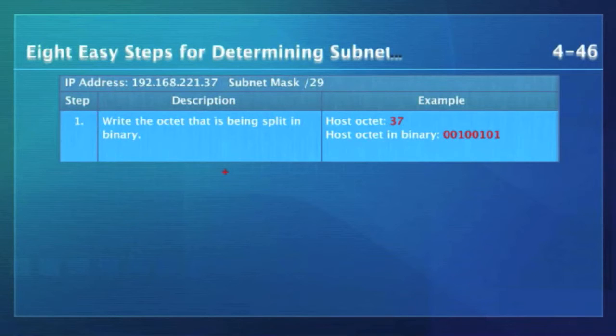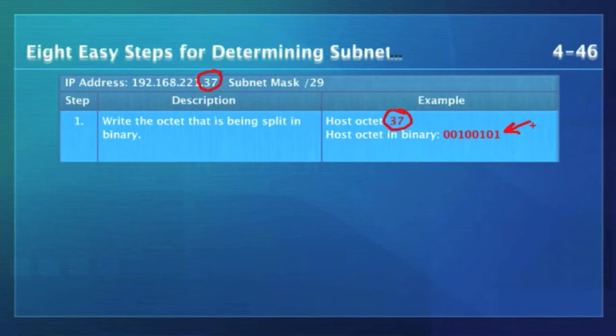They take the 37, and that's the octet that we're manipulating here, and they convert it to binary. Now I see why they had us convert things into binary. In fact, one of the students before class said to me, hey, I can do those binary conversions, but why am I doing them? Well, now we're seeing the why involved with those binary conversions, aren't we?